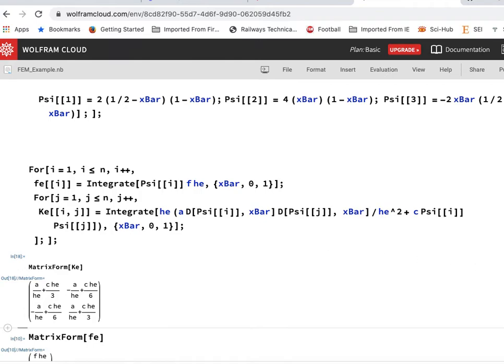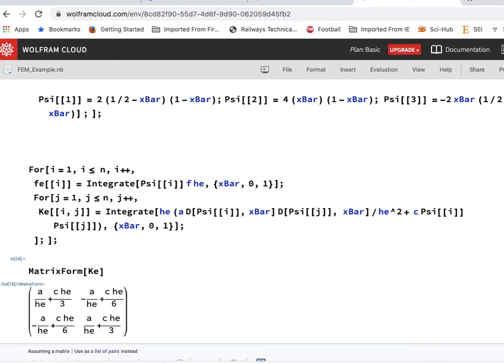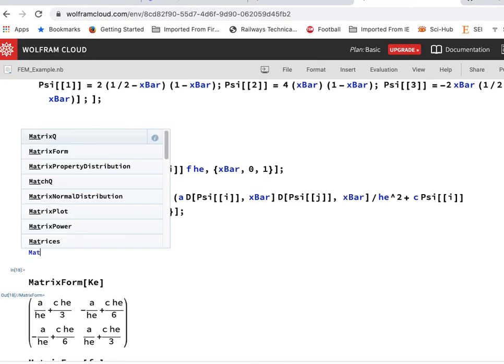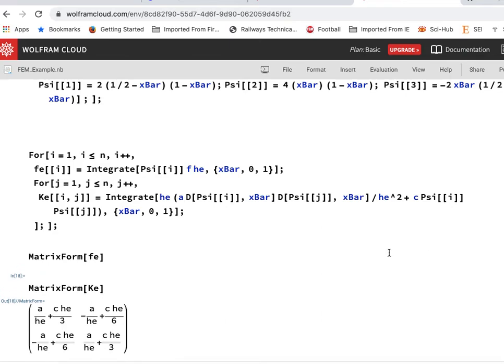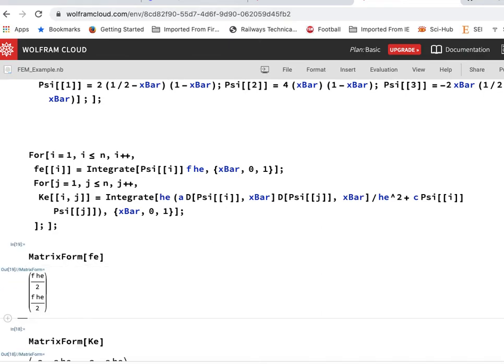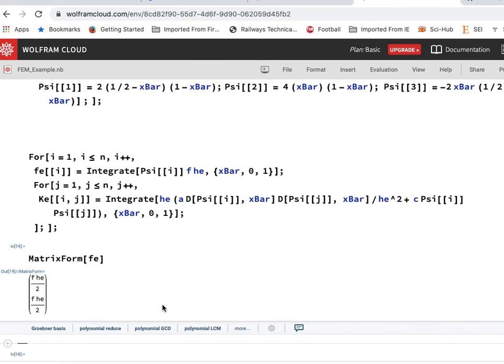I get this. Then I go ahead and do the matrix form of Fe. Is this okay? So my Mathematica program can evaluate all these matrices for me.